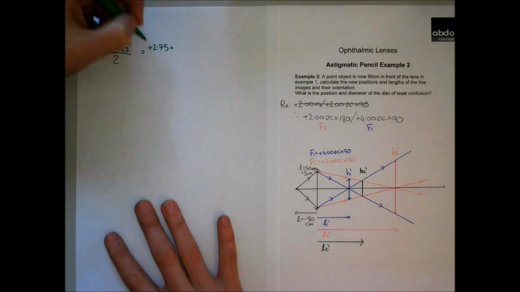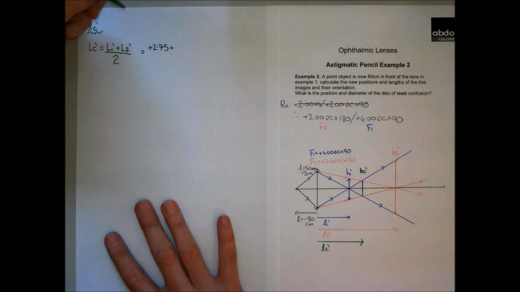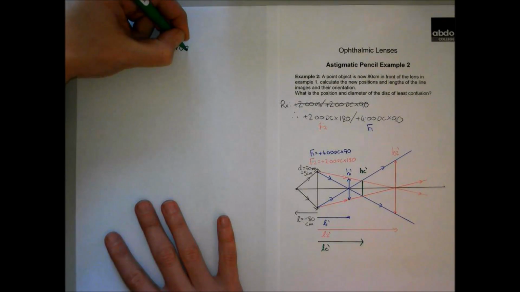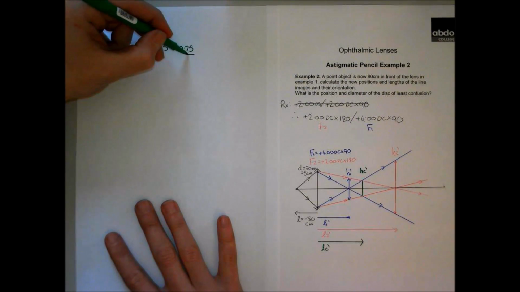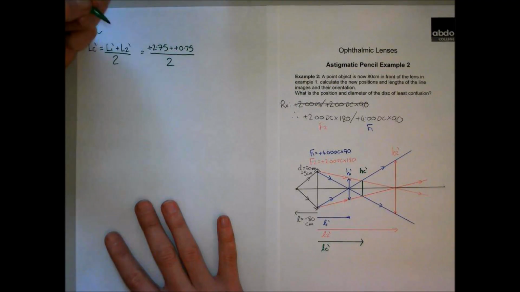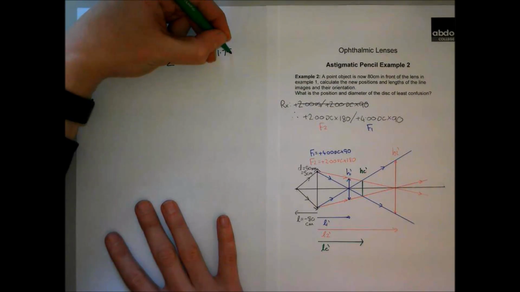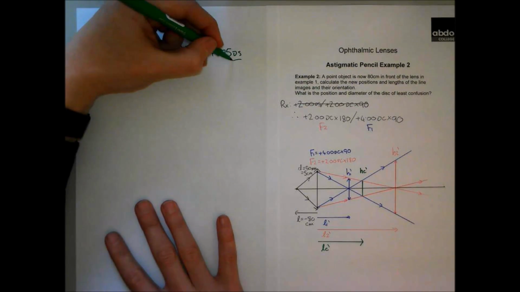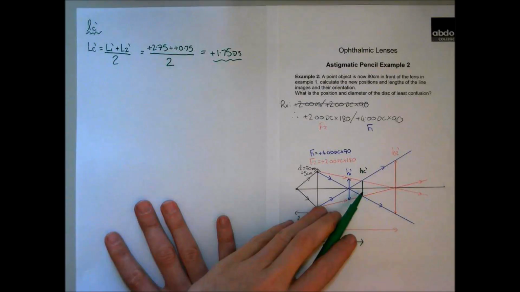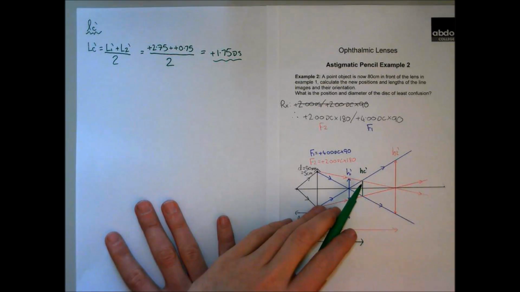Our big L2 dashed was plus 0.75. And then we do all of that divided by 2. So what's that? 3.50 at the top divided by 2 would give us plus 1.75 diopters. That is the vergence of light at that point.